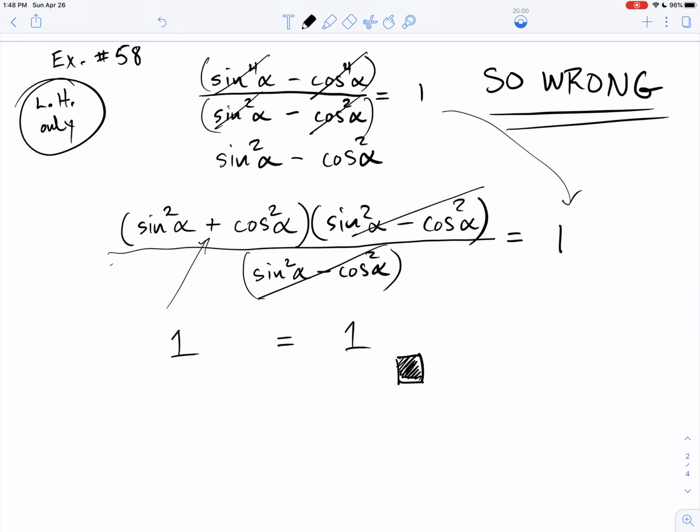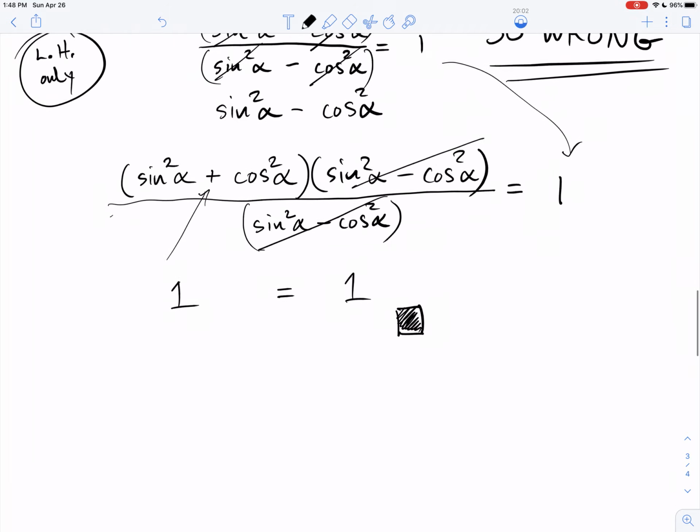Last but not least, this is the one that I wanted to make sure everybody saw. It is my example number 59. And you don't go to 59, of course. You stop at 57 today. But some people are super, super afraid of going into complex rational town or double fractionville.